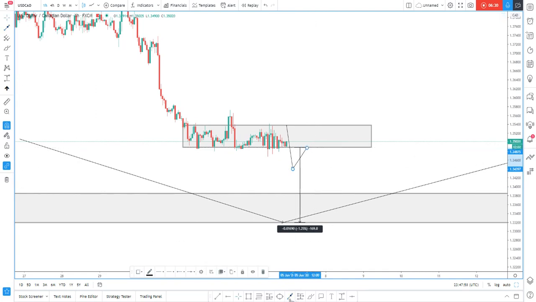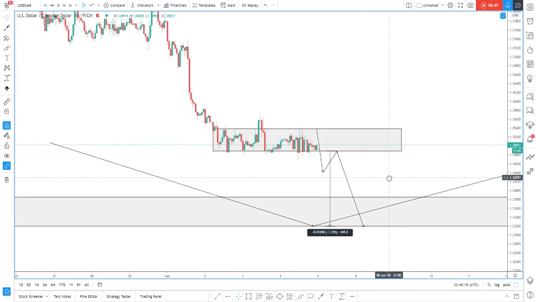But we do know we can't just forecast or predict the market. The market will always do its thing, so we just wait for the market to possibly do its thing, then we react accordingly to it. But this is my sentiment on USD CAD.